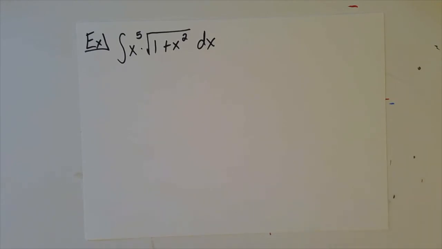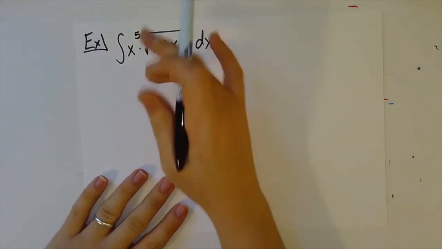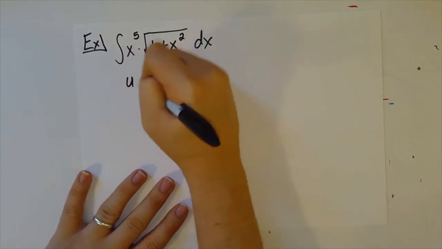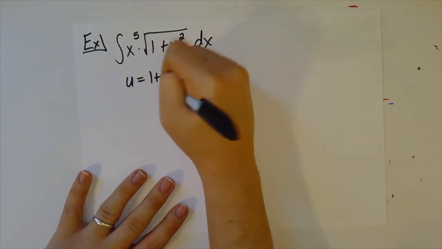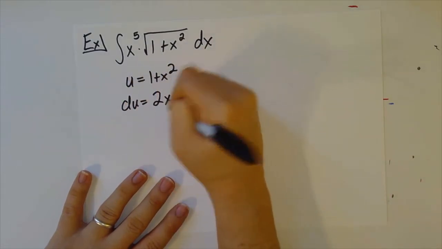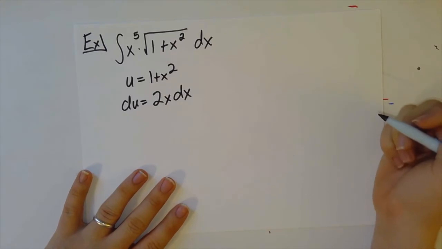Okay, now when I look at this, there's only one function here that's inside another function, and that's 1 plus x squared. So I'm going to let u here be 1 plus x squared, so that du here is 2x dx.